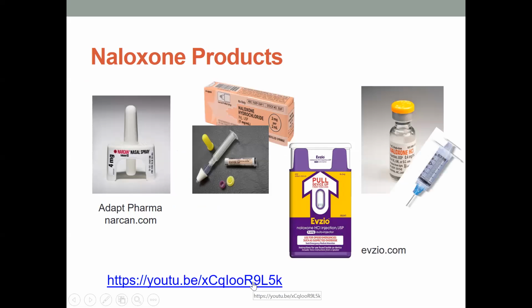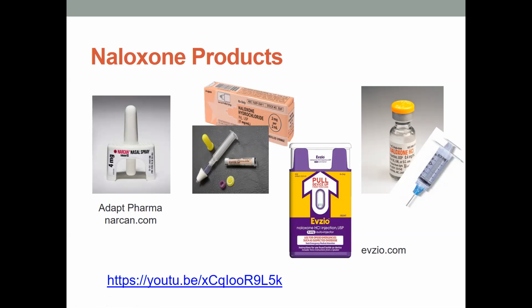There is a nasal Narcan that has 4 milligrams of naloxone in it, and that is the one that is most commonly used. We'll go through how to administer this, but it is administered nasally. Here is also an approach to administer it through the nose.